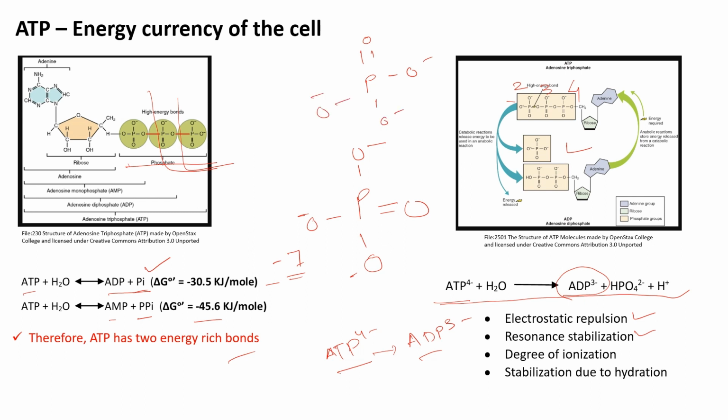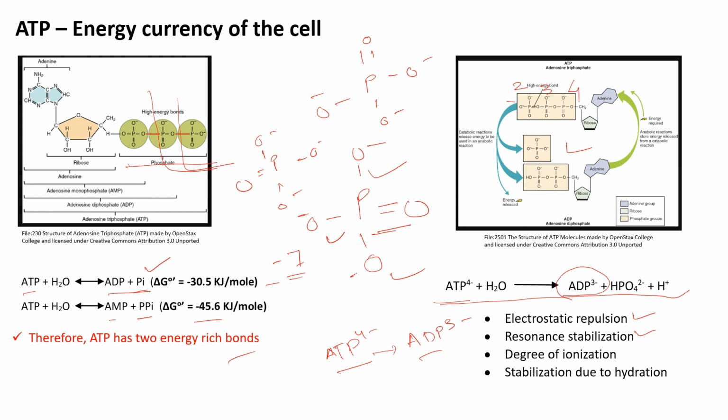Instead of putting the double bond here, we can keep the double bond here. Similarly, we can also write in this way. All are the same, right? It is not necessary that we have to put the double bond on the right hand side only. We can put it in this position also, and in this position also. This type of arrangement is known as resonance stabilization.